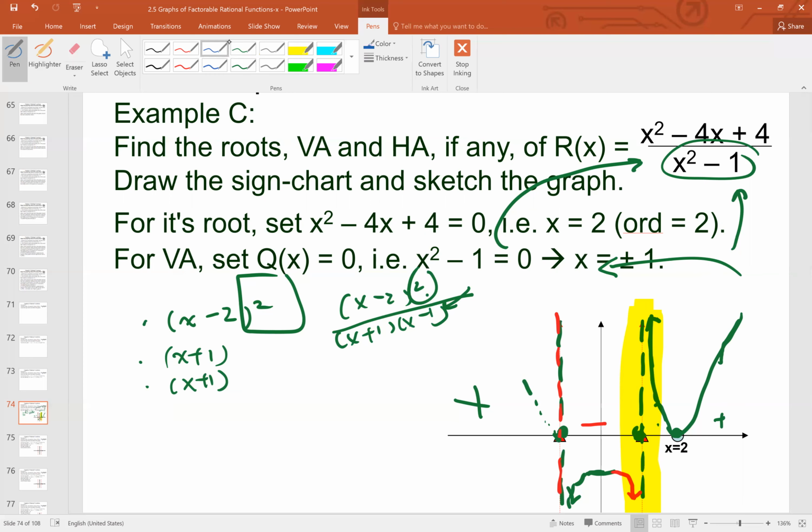The graph has to go up along the asymptote here because it is positive, and it has to go down this way. It's an asymptote because negative, and that because this is positive. Well, positive, negative, positive. So this side is positive, positive.